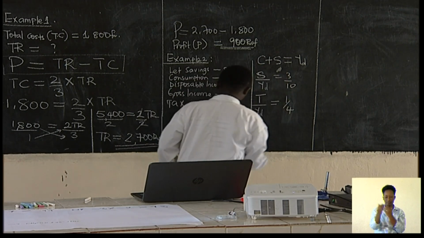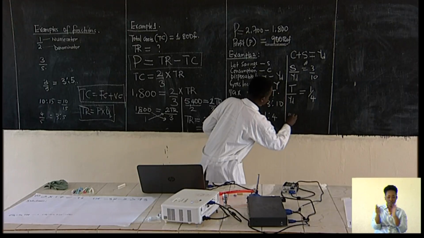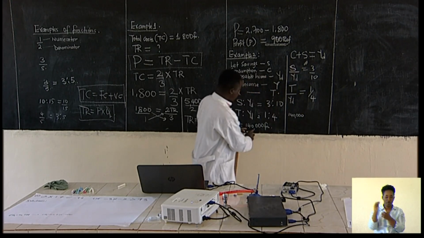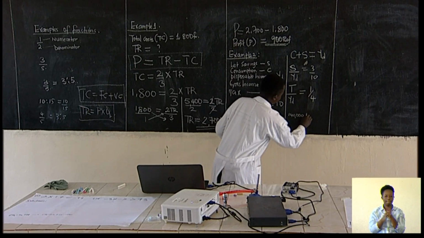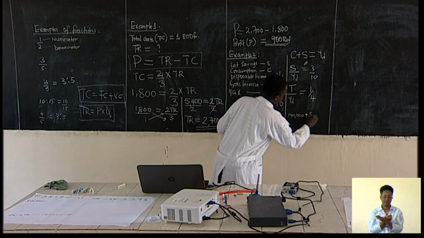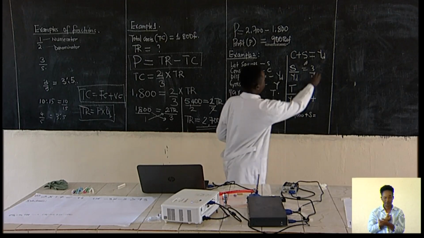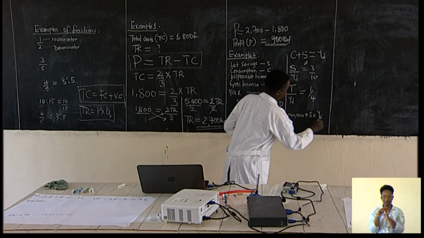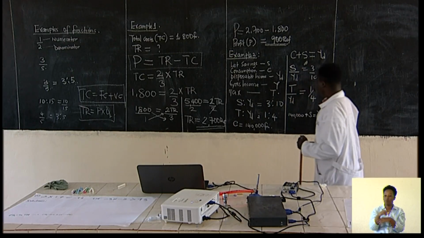From this statement, consumption is 140, plus savings, which we don't have, equals our disposable income, which we don't have either.